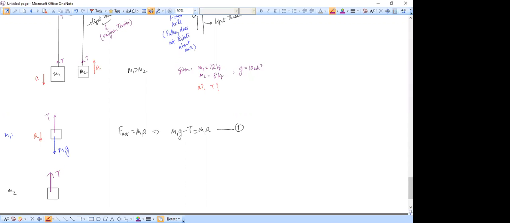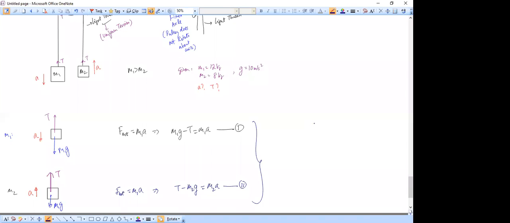So the tension is going to be more than its weight, which is why it has a net acceleration which is now upwards. When we apply this equation, the net force is mass into acceleration. That net force becomes T minus weight is equal to mass into acceleration. So that becomes our second equation. So now these have to be solved.